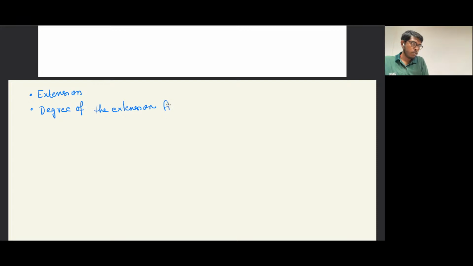You are all familiar with these two facts, what is an extension field and what is the degree of the extension field. Okay. So if E is a subfield of F, then F is basically an extension.